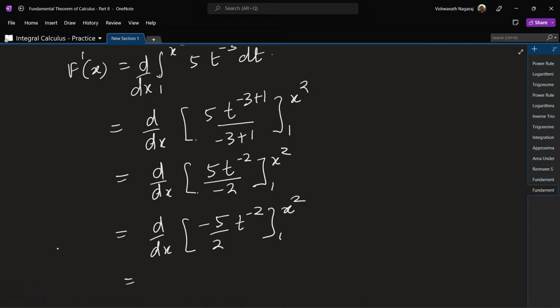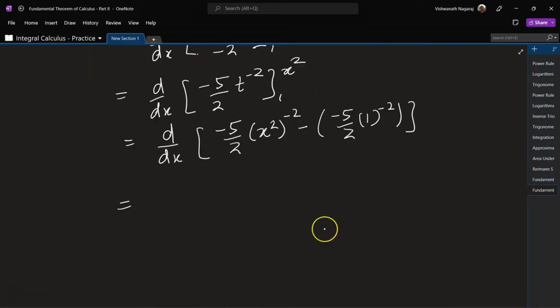Now let's take care of the boundaries. So F of b minus F of a. F of b would be minus 5 by 2 x square to the power of minus 2 minus minus 5 by 2 1 to the power of minus 2. So this would be d by dx of minus 5 by 2 x to the power of minus 4 plus 5 by 2.